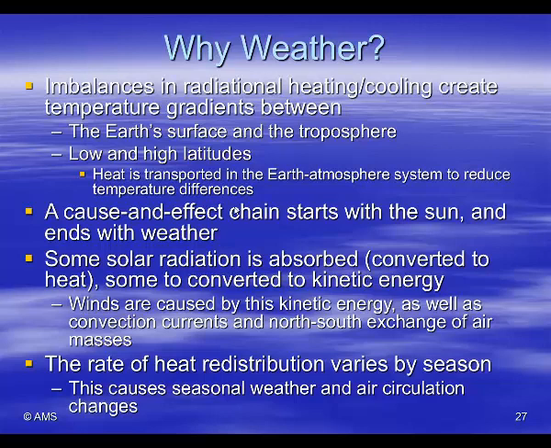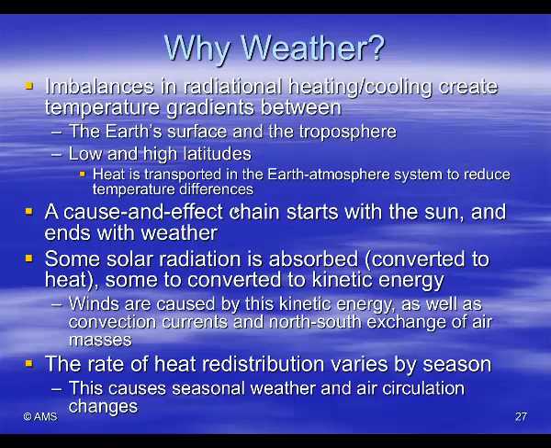This cause and effect chain reaction starts with the sun and it ends with weather. Some of the solar radiation is absorbed and converted to heat, and some is converted to kinetic energy. This kinetic energy comes in the form of winds.